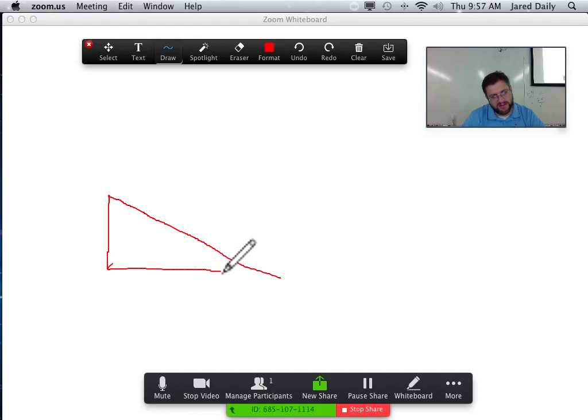It is extremely difficult to draw cleanly with a mouse. Okay, so here's our car. Here's our weight. Weight is mass times gravity. That's right.